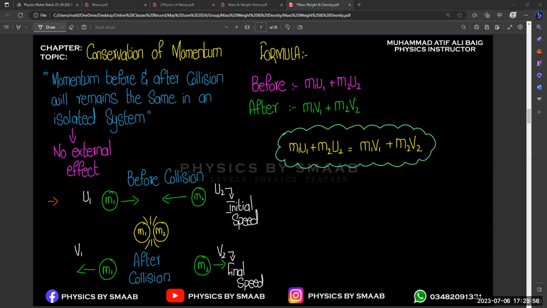I already have a worksheet on momentum, because we need to practice the conservation of momentum formula. We can easily solve the calculation part, but we get confused in the direction. So to practice, you may join me back, then we will start solving the questions. You will get the concept of how to apply this formula in different situations, right?